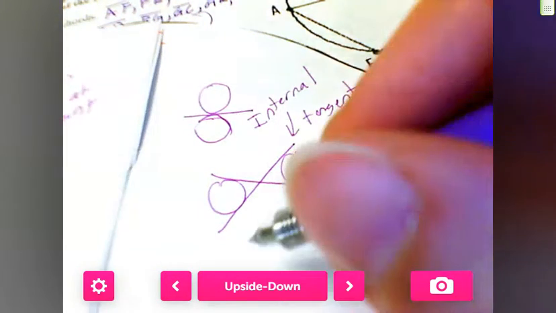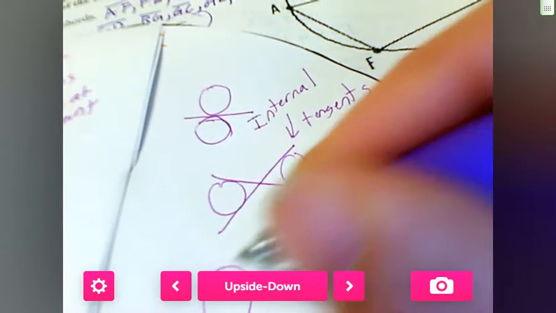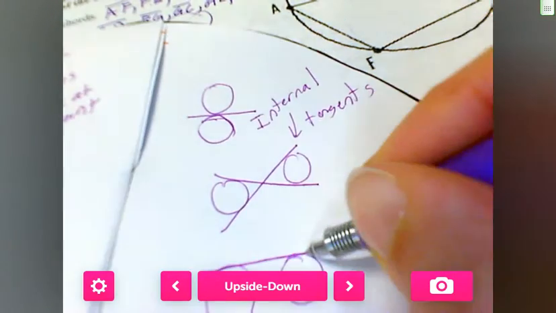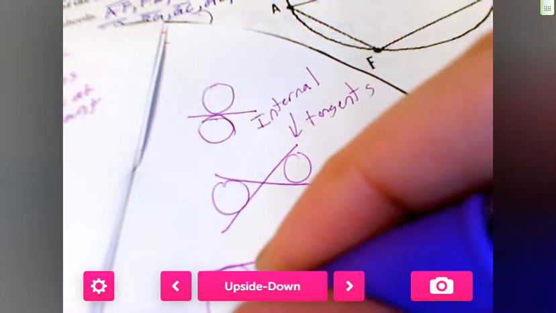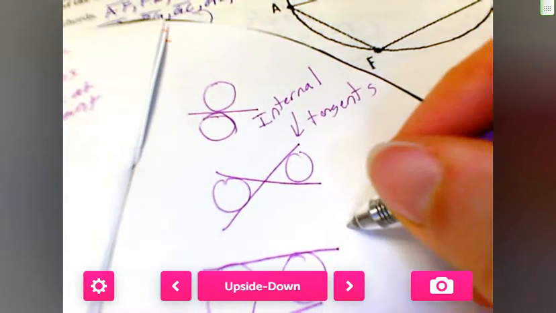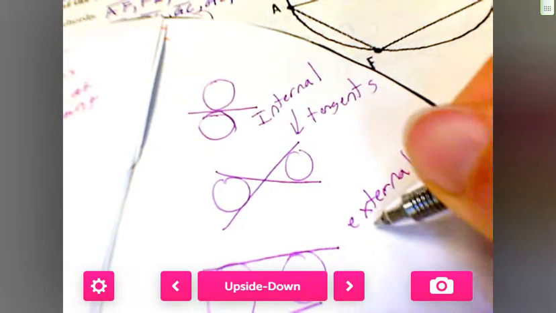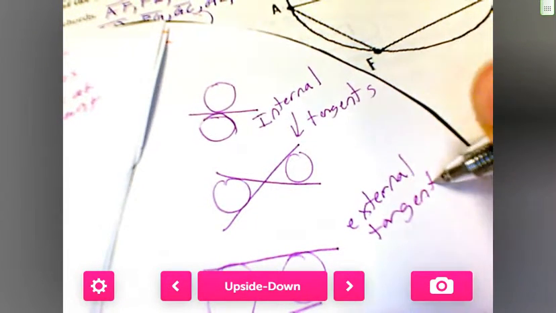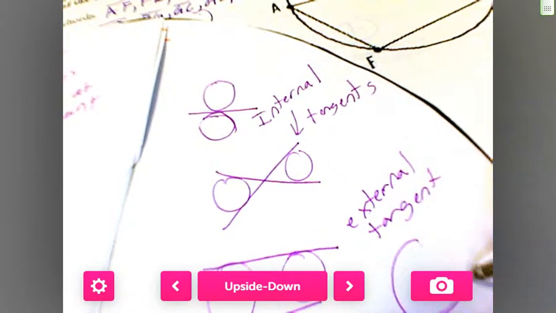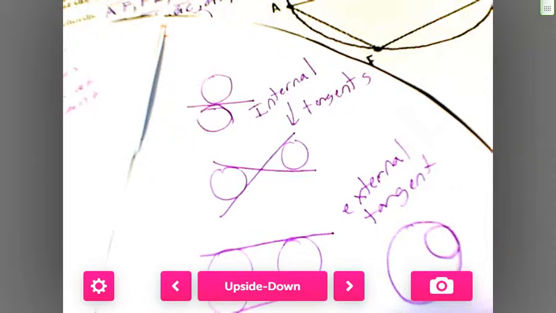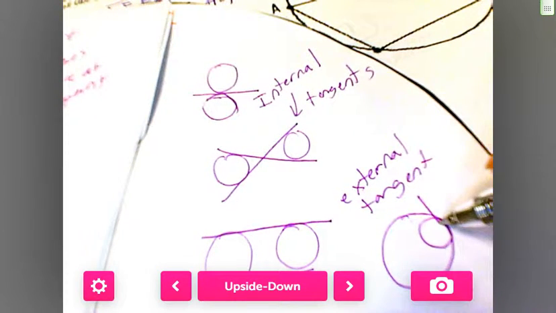And you can have two circles that have external tangents. Internal goes on the inside, external's on the outside, right? Here's another external tangent. We could have a circle with a circle inside of it, with a line going on it.